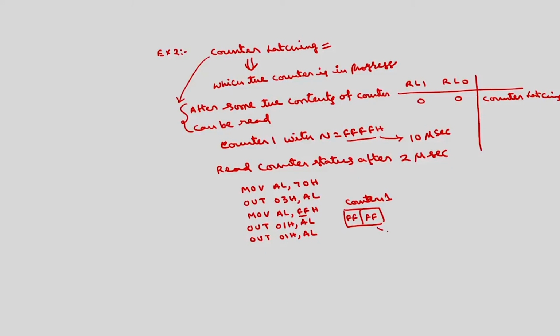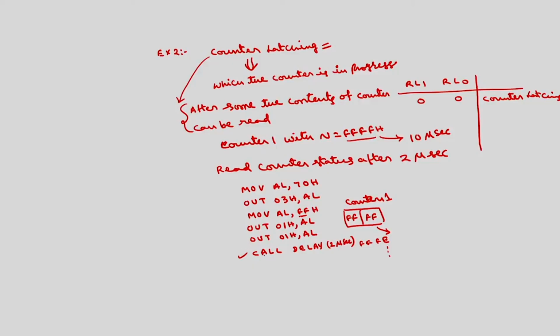This goes on decrementing the count, because it is a down counter. After one clock signal, it becomes FFFE. Like that, upon every clock signal at the negative edge, the count decreases. Okay. In between, I will write a call subroutine, CALL DELAY. This delay I want to be 2 microseconds, because I want to read the contents of the counter after 2 microseconds. That is why I am writing this call instruction.